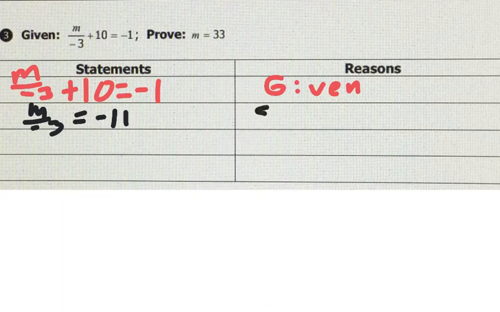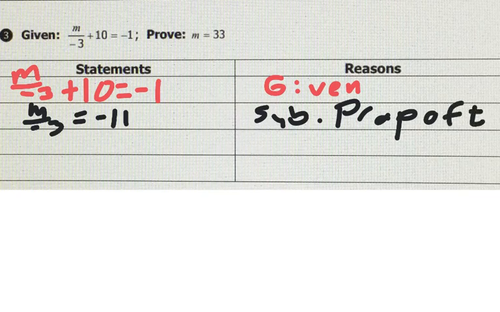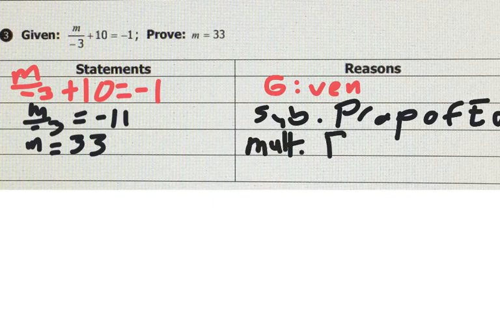And I get that by subtracting. Okay. Then the next step, you would multiply by negative 3. M equals 33. And that was by the multiplication property of equality.